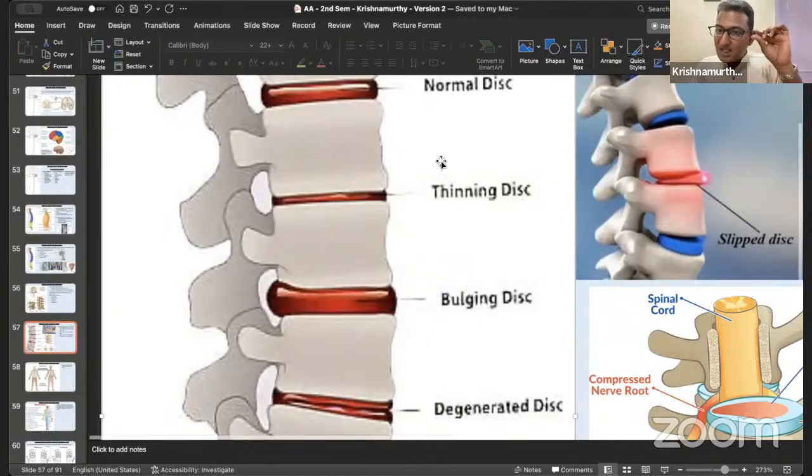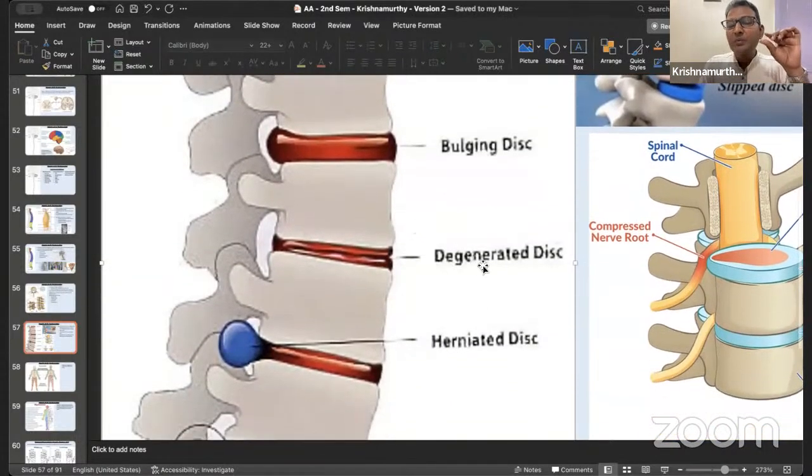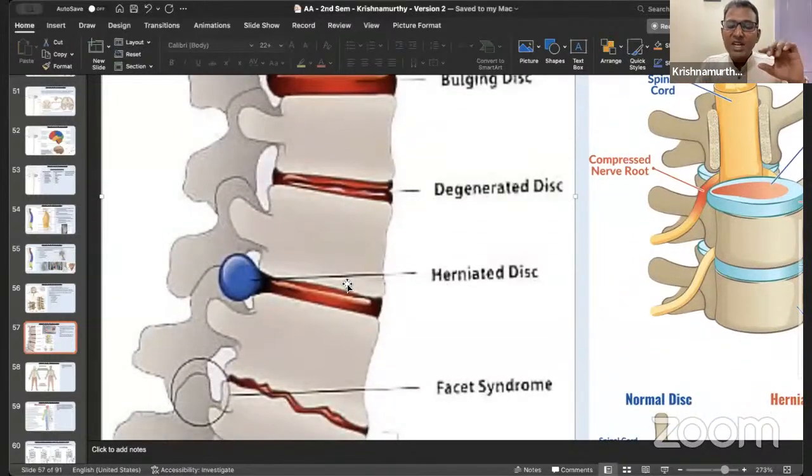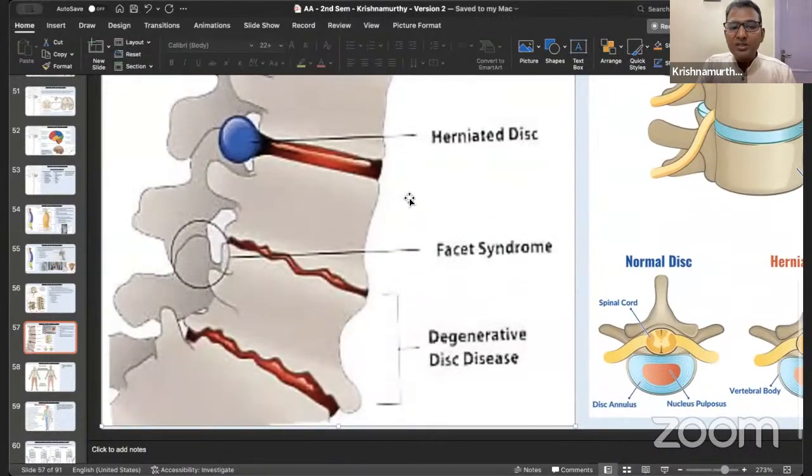If it thins, what will be the next situation? It will start degenerating. This is called degeneration of the disc. And when it is herniated more, it's called a herniated disc. So all of this was the problem of the disc.